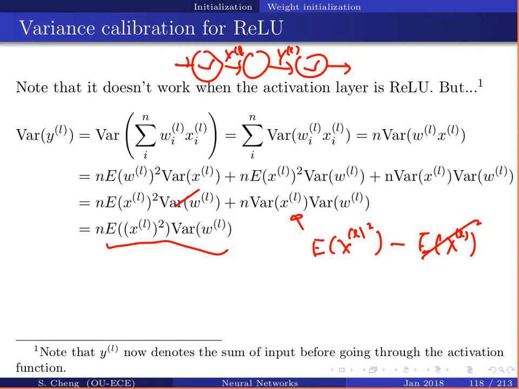And this is YL minus 1, and this is a weighted sum of XL minus 1. So what can we say about the expectation of XL squared and the expectation of YL squared?